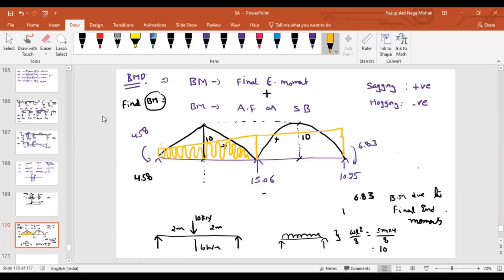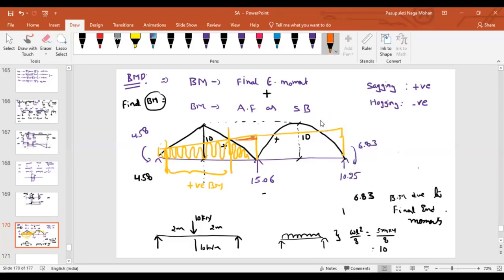Yes, sir. Till this region, that means from here to here, which are having the more values? Negative values are dominating positive values. But what about this area?